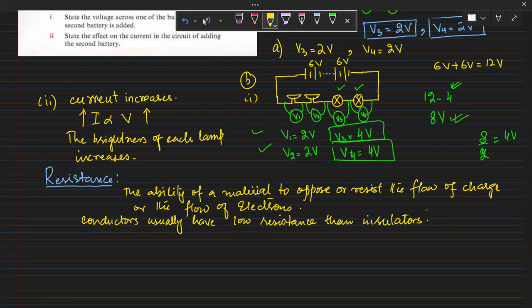The unit in which we measure and represent resistance is the ohm, and the symbol is this.